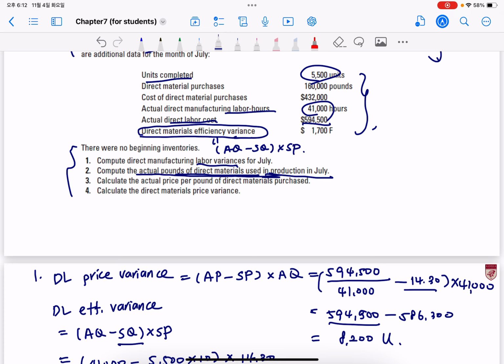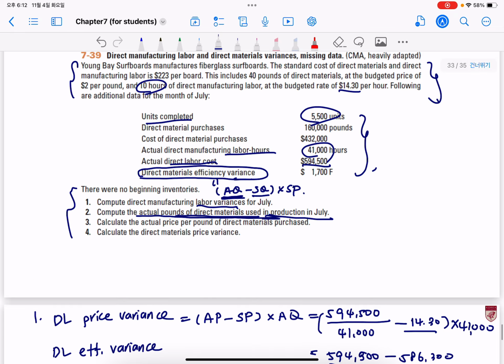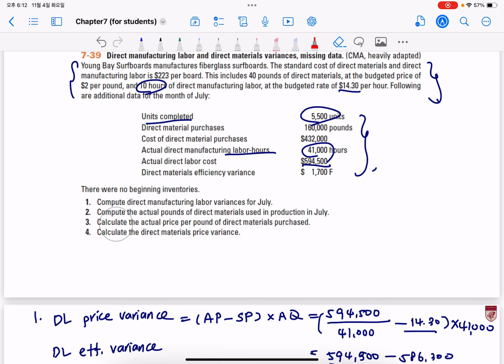And right now, we need this actual Q. This is the not known part, right? And the standard quantity can be somewhat calculated, right? And the standard price can also be used based on the information. All right, so let us perhaps for convenience calculate this on this page.